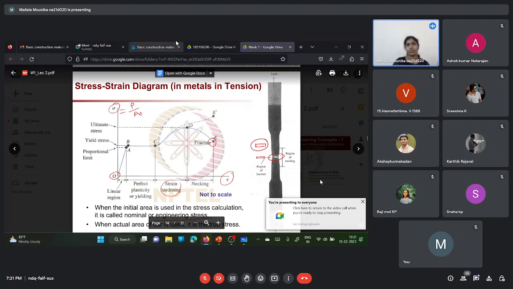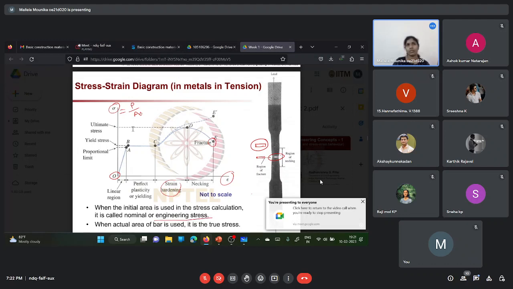This is the typical stress strain curve of a specimen.